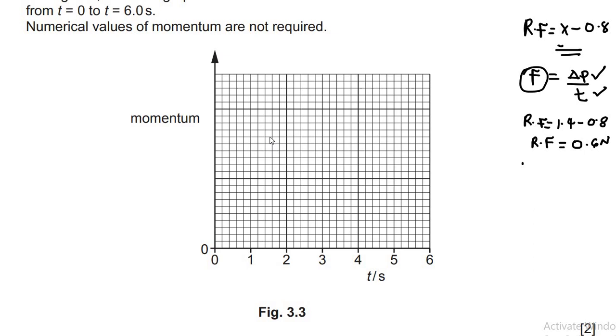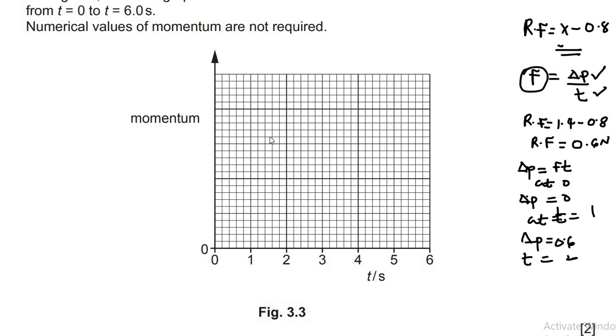So momentum is Ft. At 0, momentum will be 0. When t is equal to 1, momentum is force 0.6 times 1.